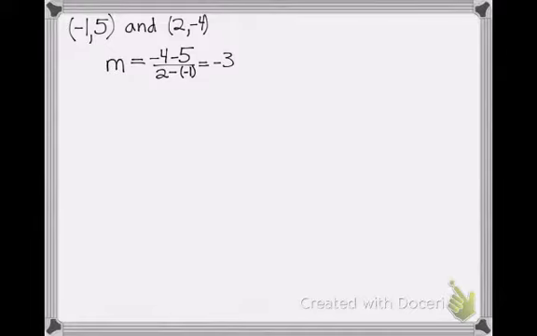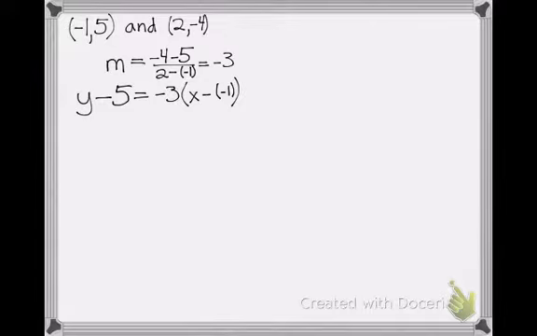So the real benefit of the point-slope form is that once you have the slope, it's super easy to write down an equation of the line. So for instance, if I choose this point here, the equation of my line is going to become y minus y1, which in this case is y minus 5, equals m times x minus x1, which in this case is minus 3 times x minus negative 1.